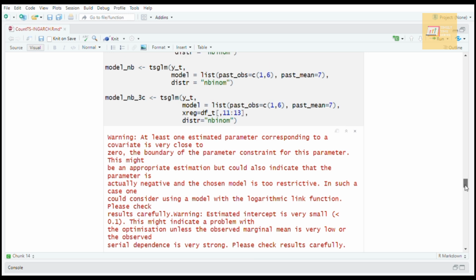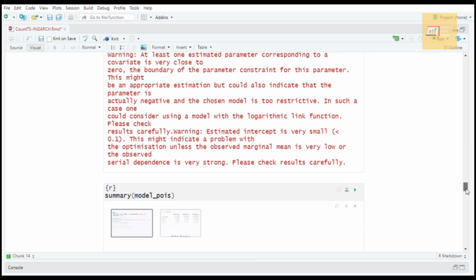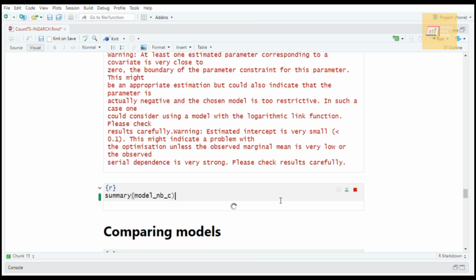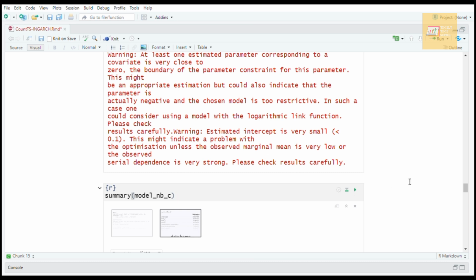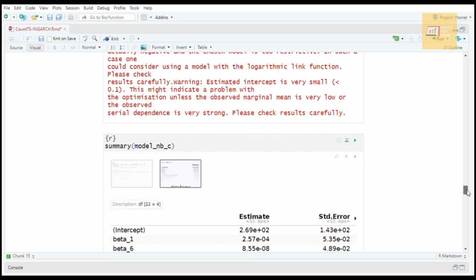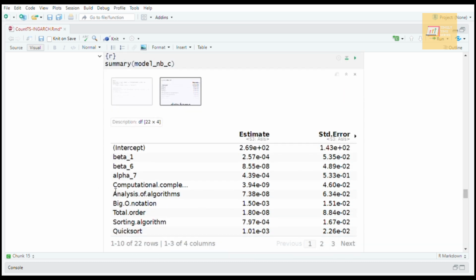Okay, let's look at which one causes which warning message. I think it's quite obvious. I think model NB with all covariates has at least one estimated parameter that is near 0. The estimated parameter, or like the alpha, the coefficient for computational complexity is near 0 here.